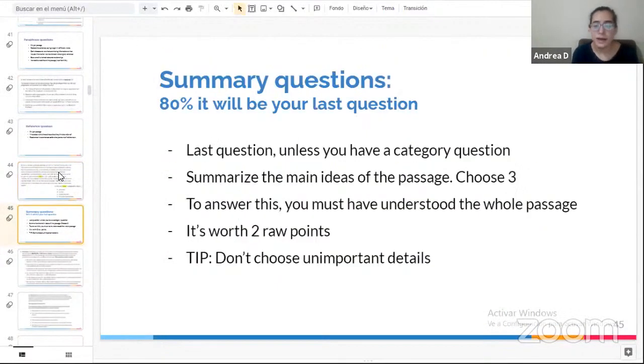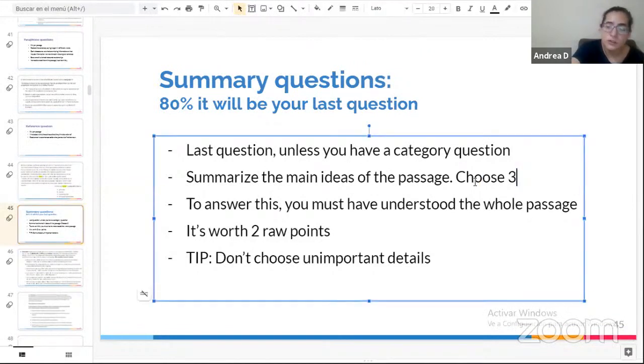But now let's look at the last question, the summary question. This is always going to be your last question. And what they're asking for here is for you to summarize the whole passage. So they want you to summarize the main ideas of the passage. They can ask you to choose one option, or sometimes they ask you to choose more, 2 or 3.